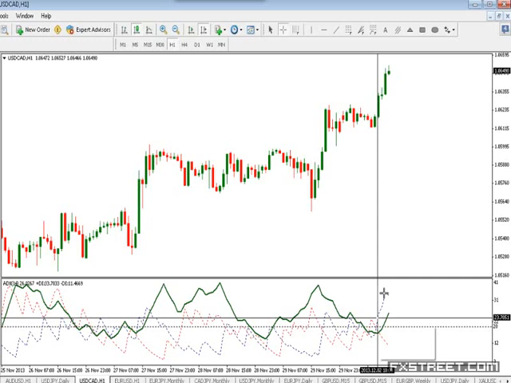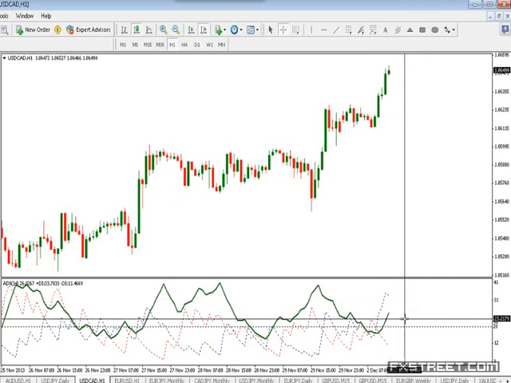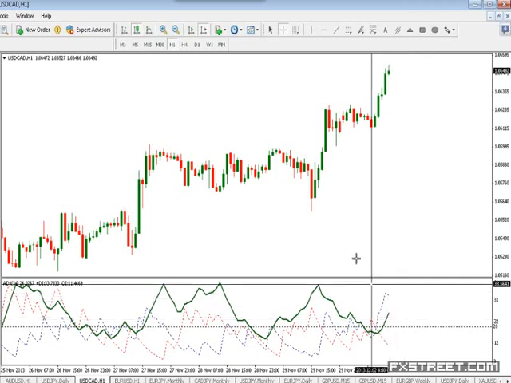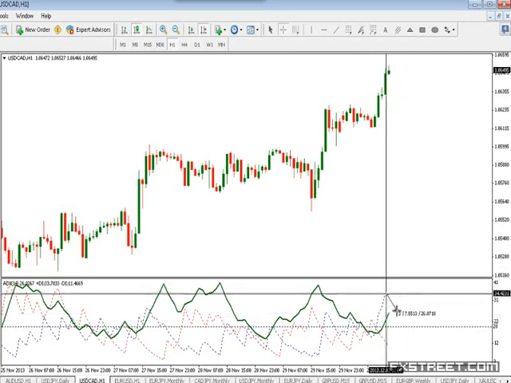Now, let's have a look at this situation. You have the ADX moving up. You have the blue DMI line starting to move down. Now, let's say this blue DMI line starts coming down and the ADX crosses it. What is the conclusion that you can draw from this? You look at the red DMI line.